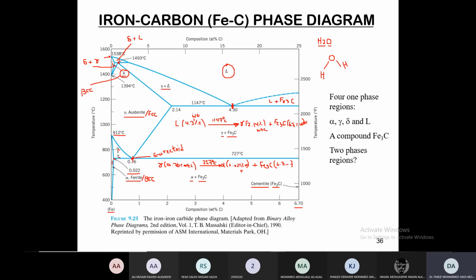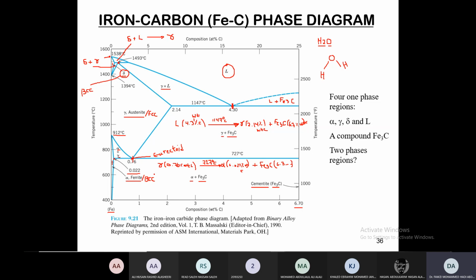You can go with the transformation this way or that way. Basically it goes from delta plus liquid to gamma. So delta plus liquid to gamma. You can find, using the lever rule and the tie line, the composition of each one of these as well, in the same way that we did for the other ones.